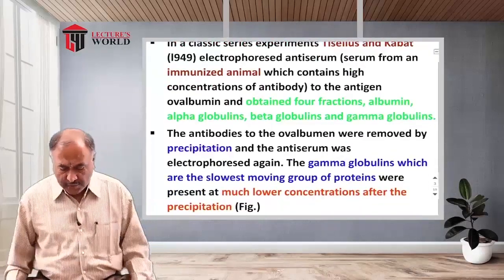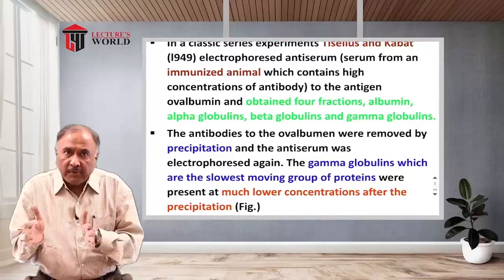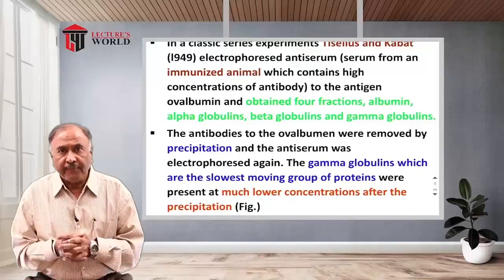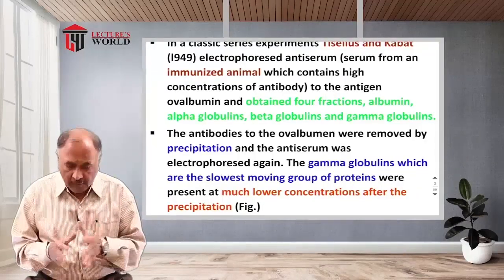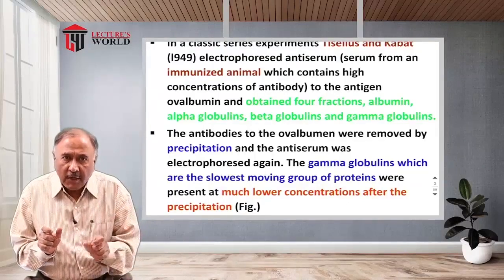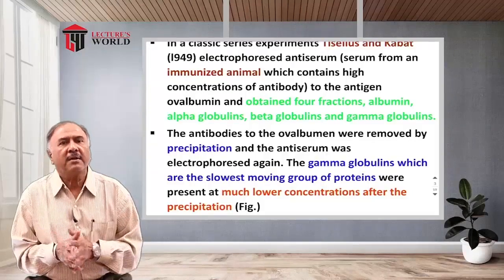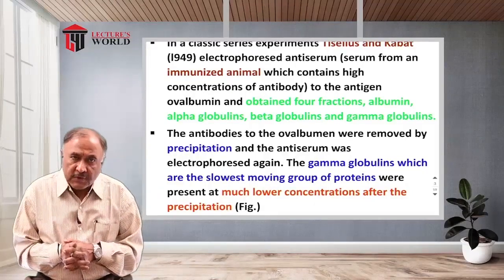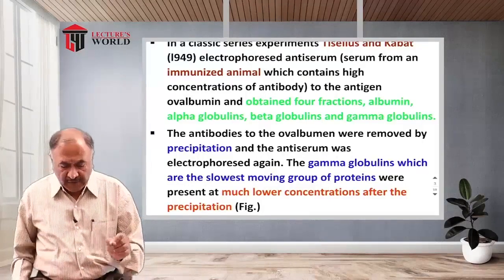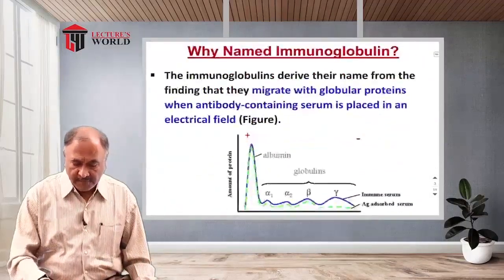These gamma globulins were the three components, alpha, beta and gamma, out of which the slowest one is the one which moves very slowly. Which one will move slowly? The one which has the least charge. So this slowest moving group of proteins was present at a much lower concentration after precipitation.